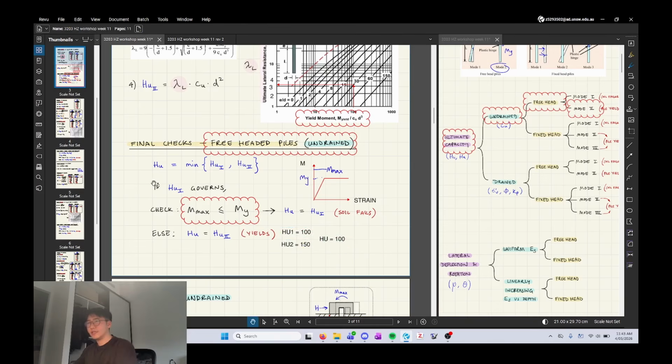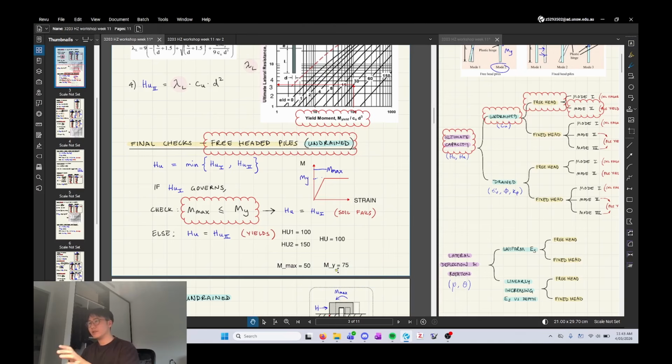But now it's saying if H1 governs, which would be the case here, check that your maximum moment is less than the yield moment. Let's just say, again, simple numbers. Let's say the maximum moment that's applied is 50, and the yield moment is 75.